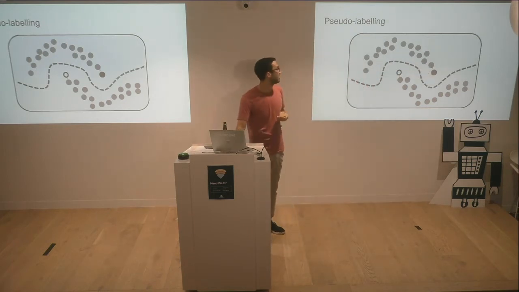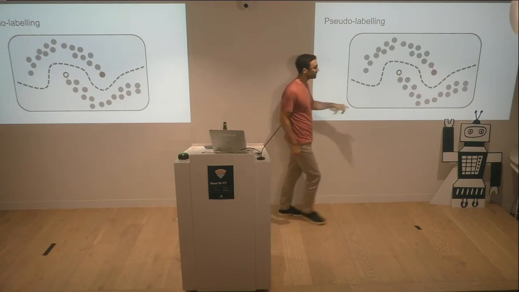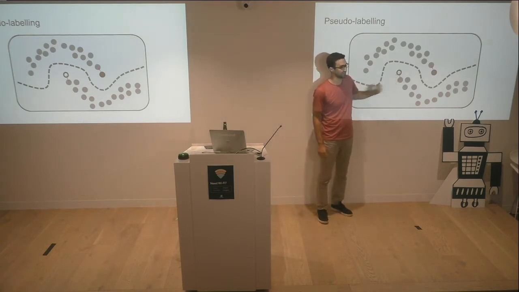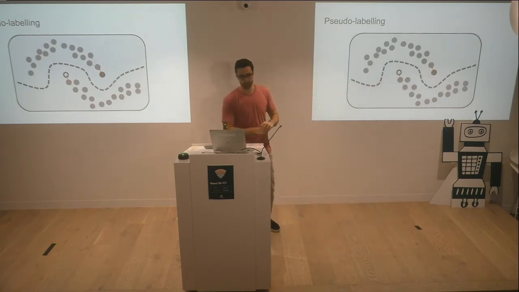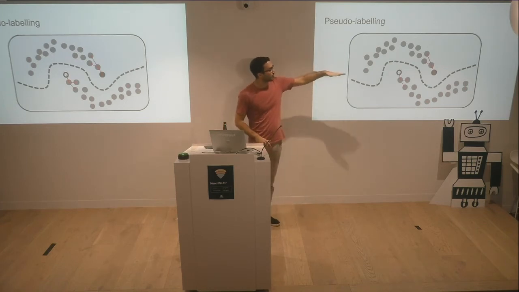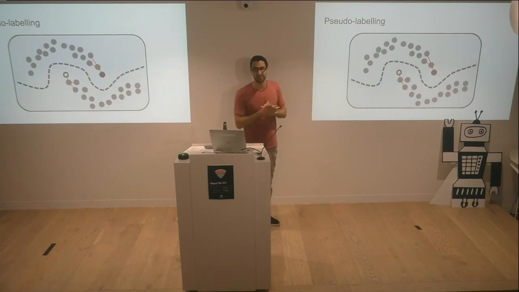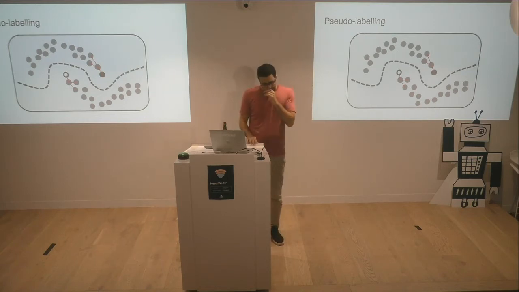Those then form part of our training set. So in effect, we can jump from here to here, and from here to here, and then we can keep going and expand out. Hopefully, we end up jumping correctly throughout those unlabeled clusters and essentially labeling the entire data set.